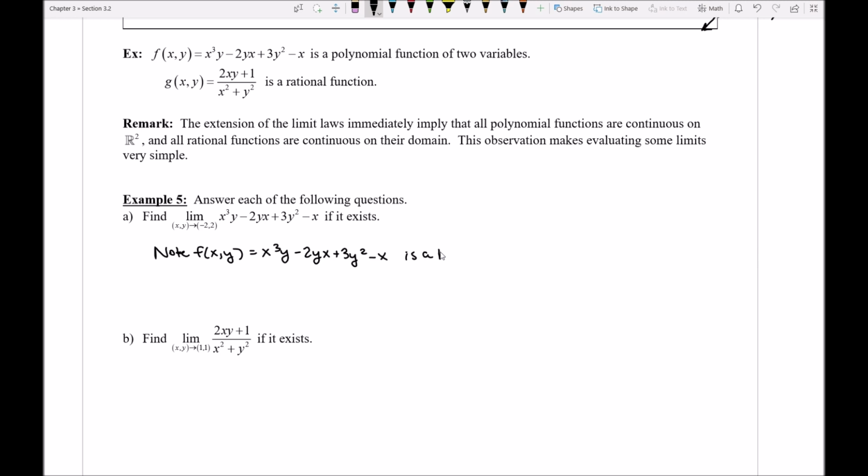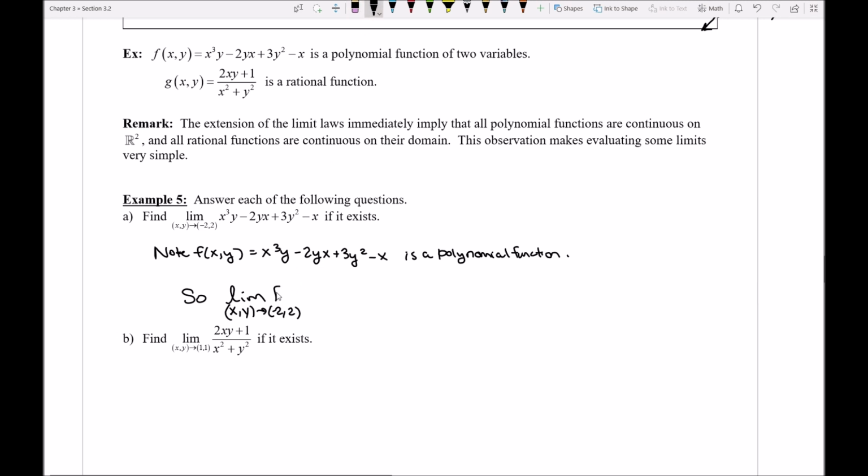This is a polynomial function. And since polynomial functions are continuous, that means that if I'm going to do the limit of x comma y as I approach negative 2 comma 2, that should be exactly the same.